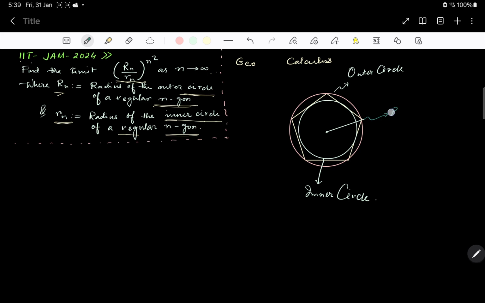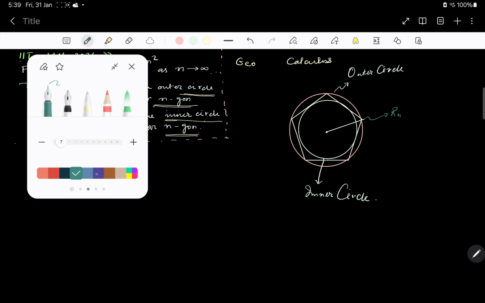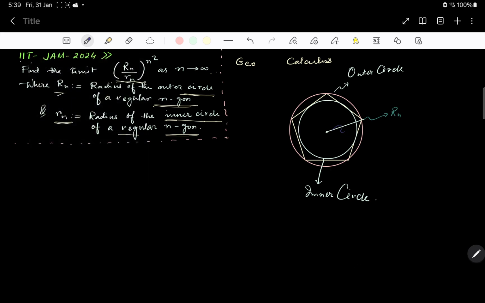This is our Rn, and the inner radius would be this one, the place where the inner circle is touching the n-gon. So this is our small rn, I mean the purple line.